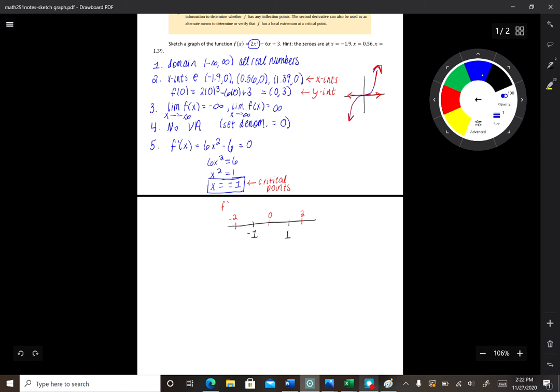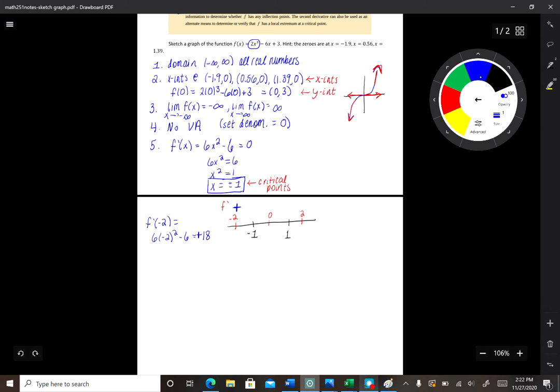So plugging in -2 into f prime, I get f prime of -2 is 6 times -2 squared minus 6. This is 24 minus 6, which is positive 18. That means that our f prime is positive, or that our function is increasing on this interval.